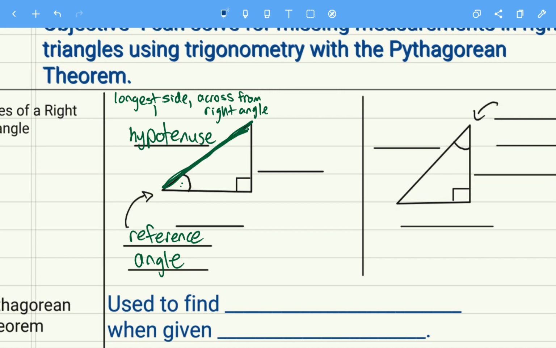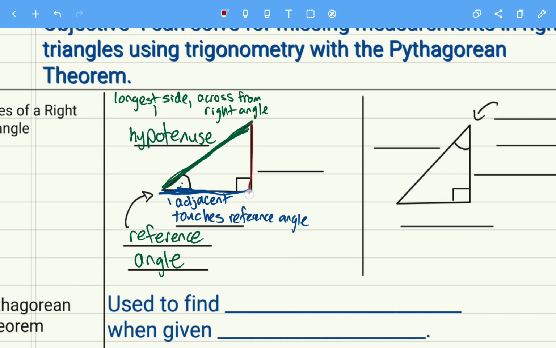Our next side is the adjacent side. That is the side that is touching our reference angle here. So the side that is touching the reference angle, that is not the hypotenuse, is the adjacent side.